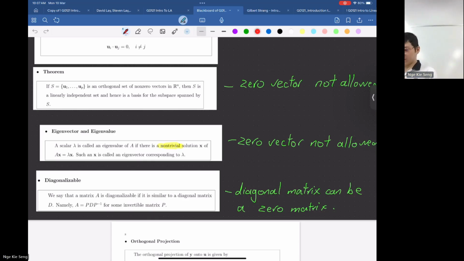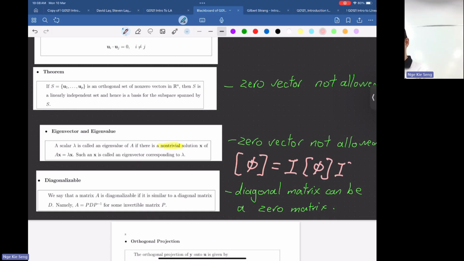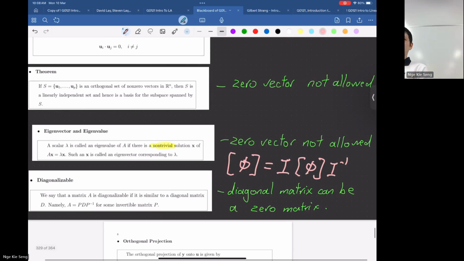So if I write this out, the zero matrix equals the identity times the zero matrix times the identity inverse, which is the identity. I is an invertible matrix. Question.